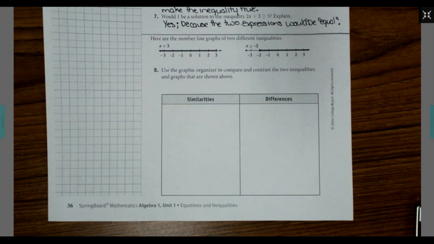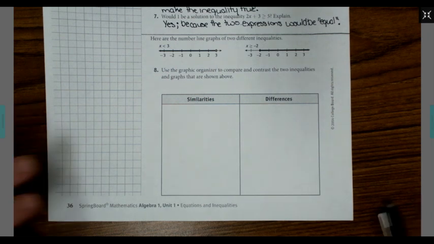So, let's take a look at some of the things that are similar here. Well, if you look long and hard, we have the same numbers being covered on both number lines.